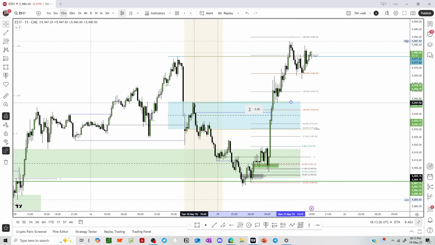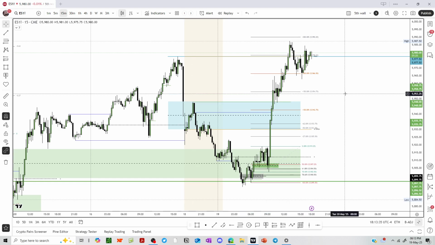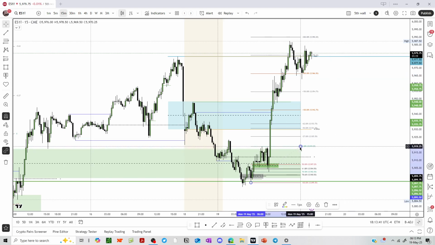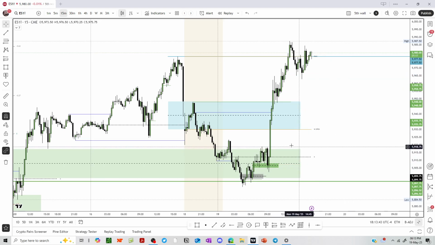You want to use the candle high, or you want to use the body. Looks good. So that's two setups plus a continuation pattern. I think that's it.